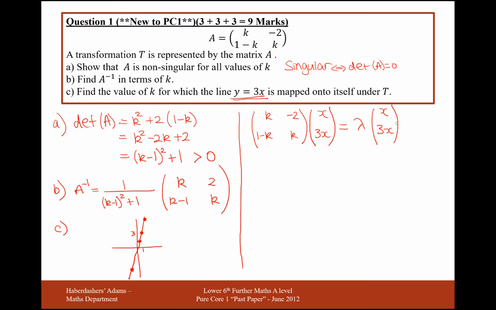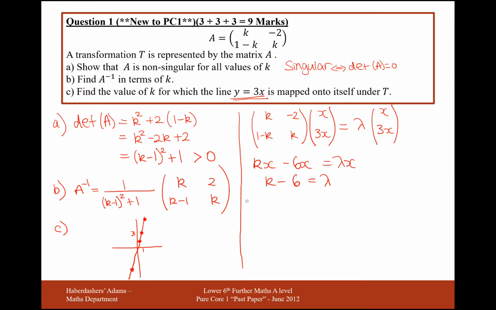So what I need to do is expand the top, expand the bottom, and then solve some equations. So expanding the top, I'm going to get kx minus 6x equals lambda x, or in other words, k minus 6 equals lambda.